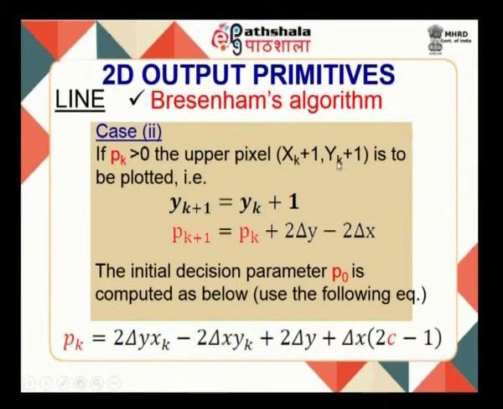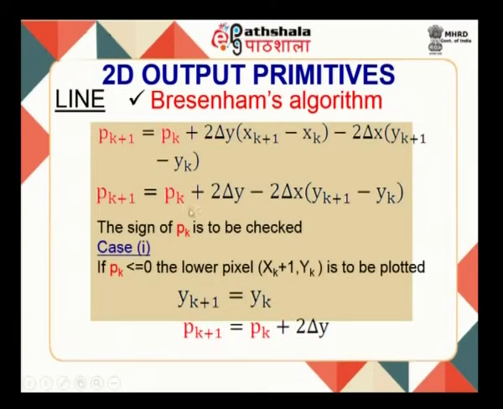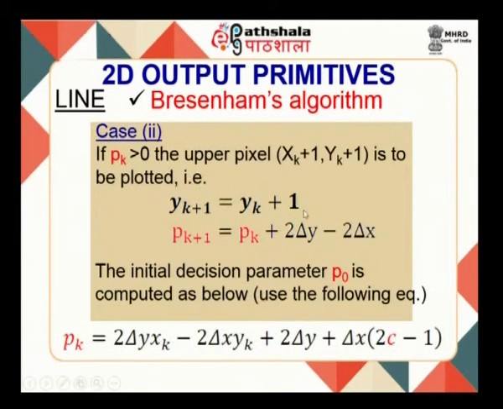If you compute the next decision parameter by replacing yk plus 1 in this equation, and solve that, what you get is pk plus 1 equal to pk plus 2 delta y minus 2 delta x.